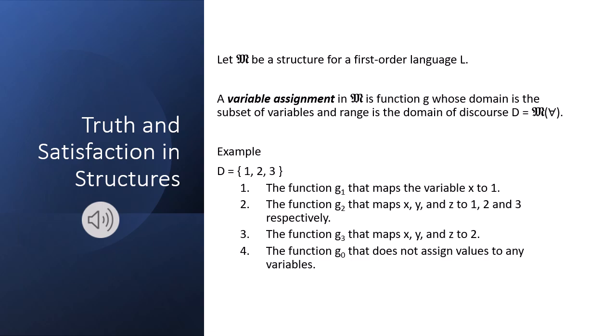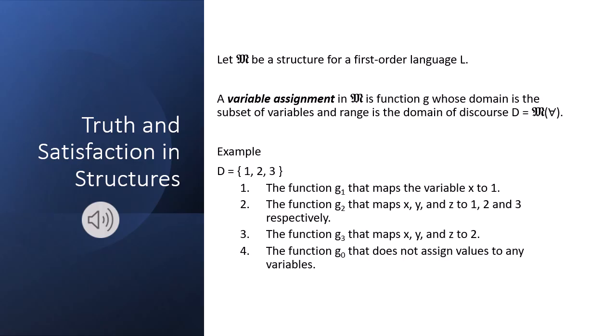On the other hand, the variable symbols are not included in the definition of a structure. Instead, they're intended to be quantified over when you're using a universal or an existential quantifier.